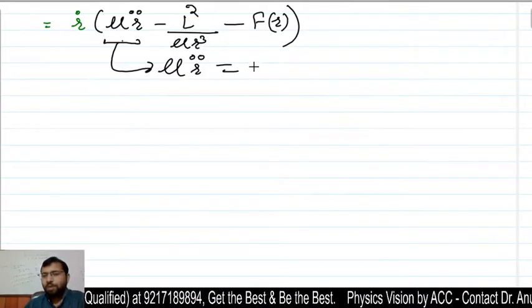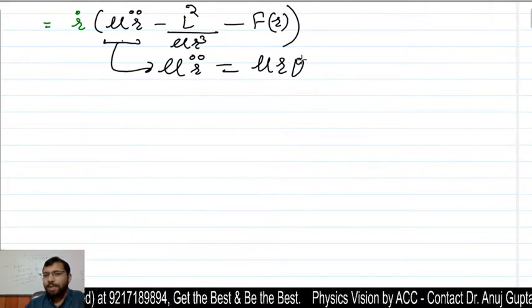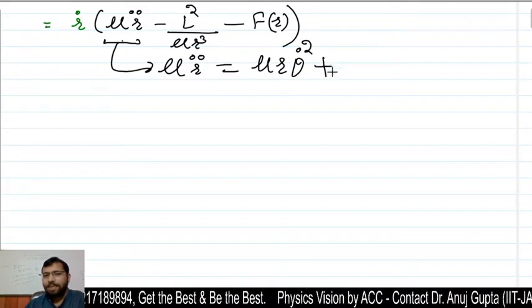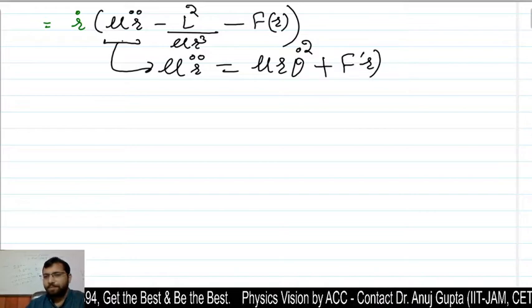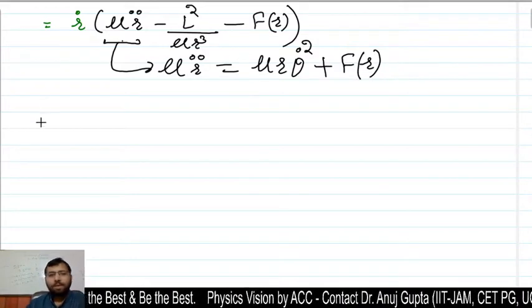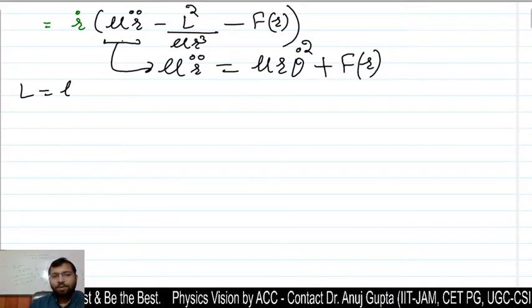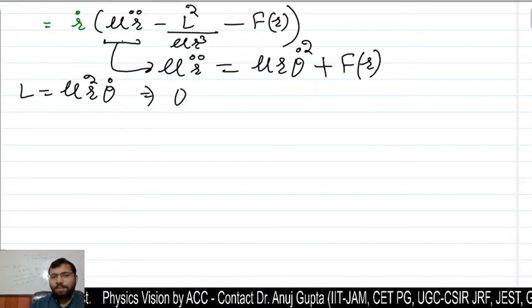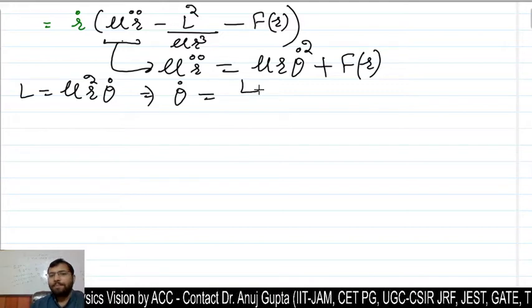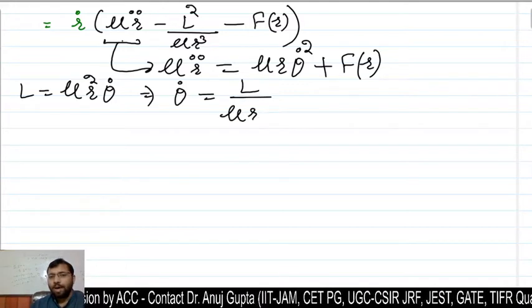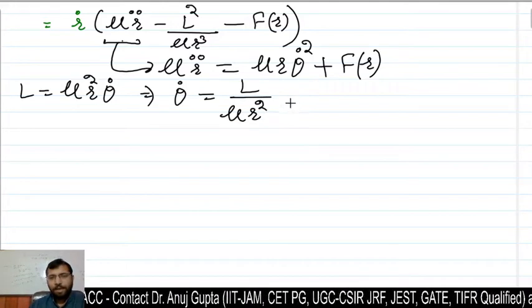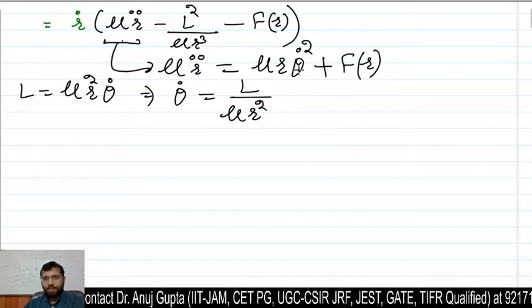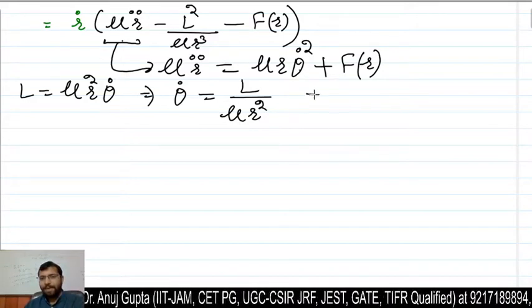This was equal to mu r theta dot square plus fr. ठीक है, what is theta dot? Since we have L is equal to mu r square theta dot, so theta dot becomes L by mu r square. Okay, and after substituting it here, what we will get?